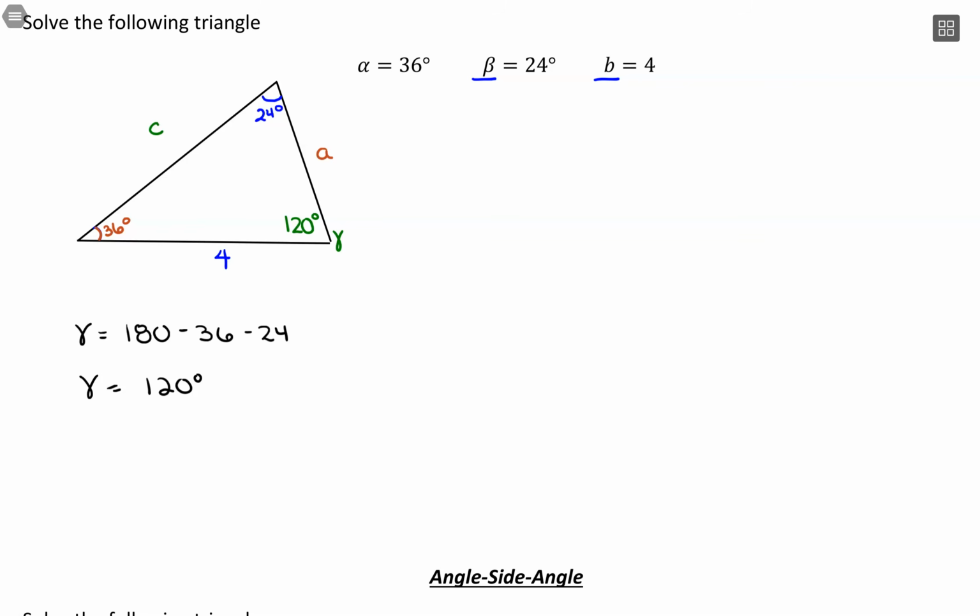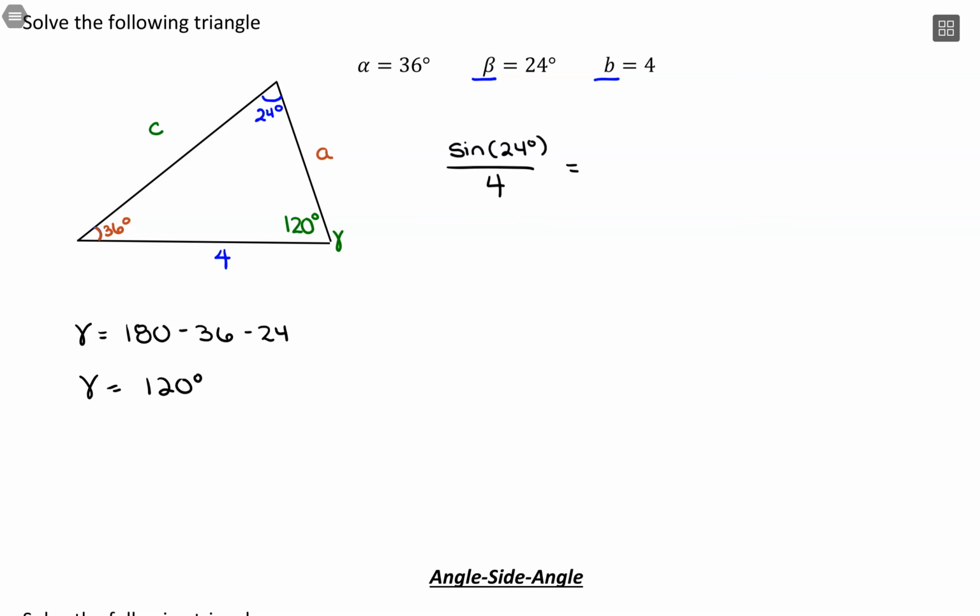All right, then to solve for my side lengths, I'm going to need to use law of sines. So what I'm going to do is look for a pairing that I know, and it's going to be that I know beta and B. So that means I can create the pair sine of 24 degrees divided by 4. So I know that ratio is what's going to be working for our triangle.